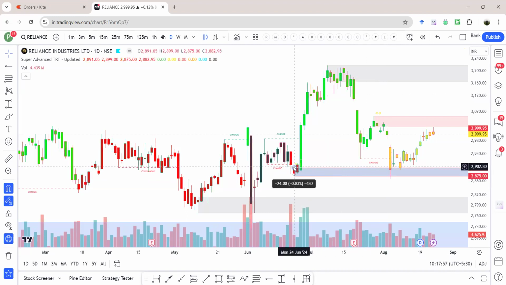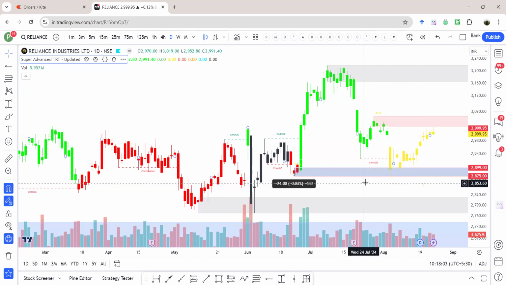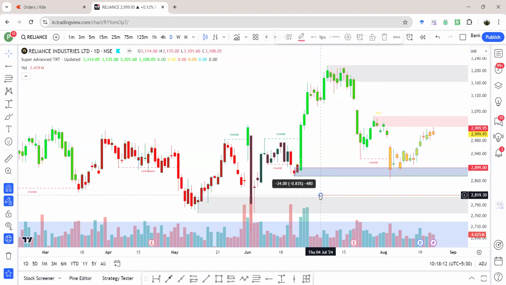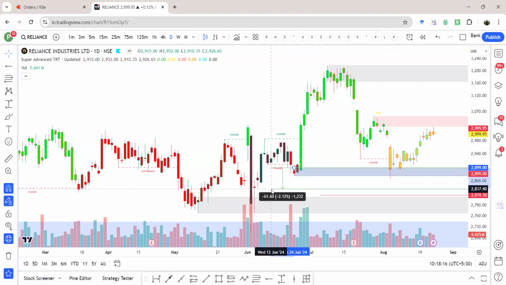If your risk is 6,000 rupees and you are willing to take that much risk, then you can buy 250 shares. Or you can use one lot of Reliance future and take that trade. Now, instead of this 24 rupees, suppose our risk is here 100 rupees.